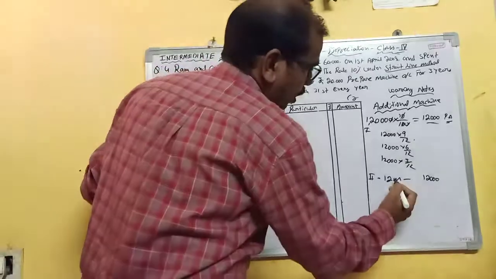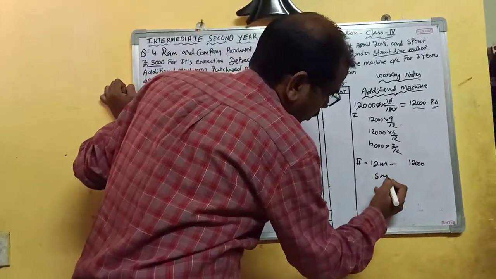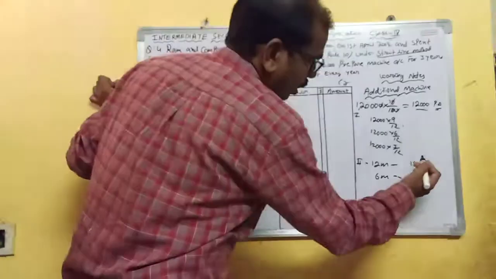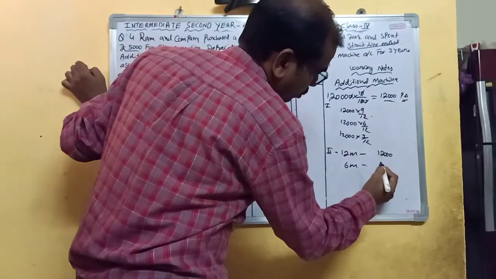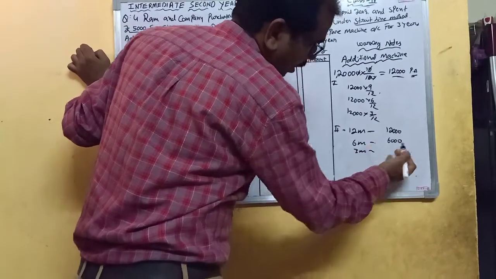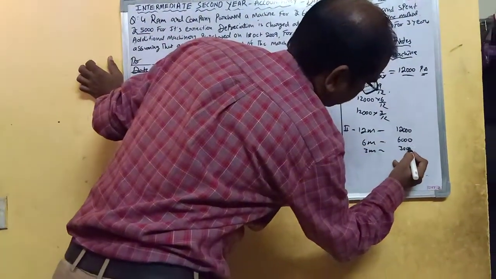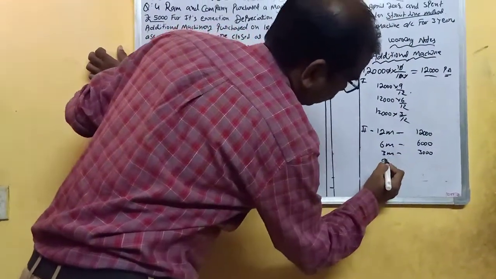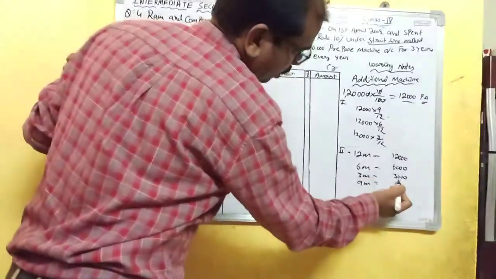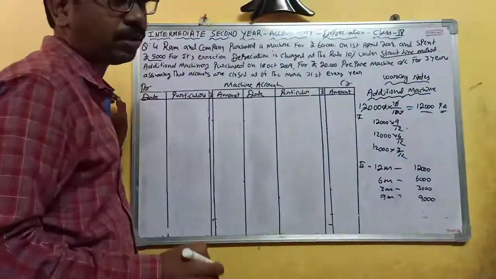For 12 months, 12,000. For 6 months, just make half, divided by 2: 12,000 divided by 2, 6,000. 3 months, again half, 3,000. 9 months, 6 plus 3: 6,000 plus 3,000, 9,000. This is the second method.